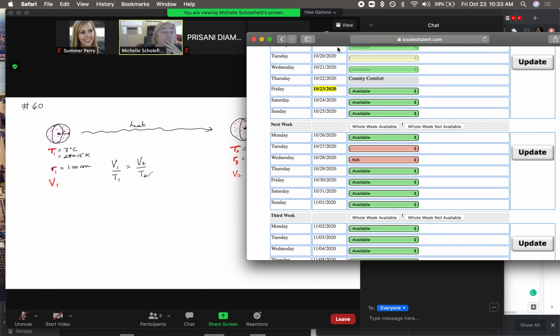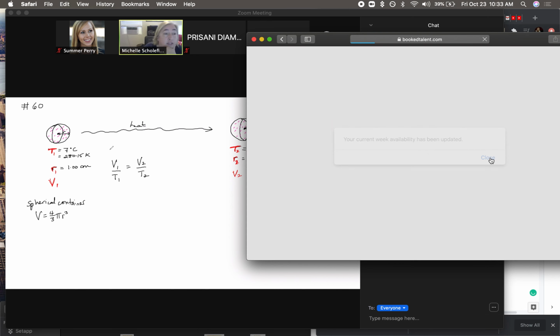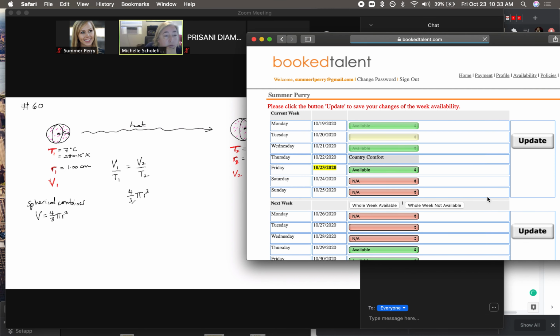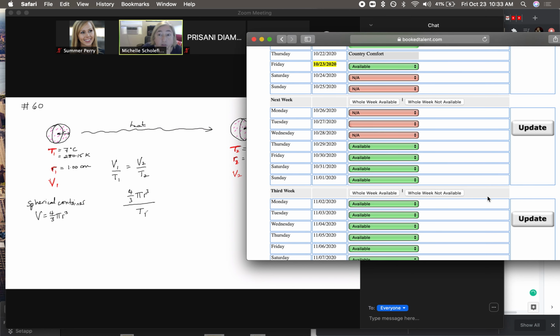Well, we also know that because it's a spherical container, the volume of a spherical container of a gas is equal to 4/3 pi r cubed. And so once again, we can make a substitution. Instead of writing V1, I could write 4/3 pi r cubed over T1, except the R that I would have here would be R1.